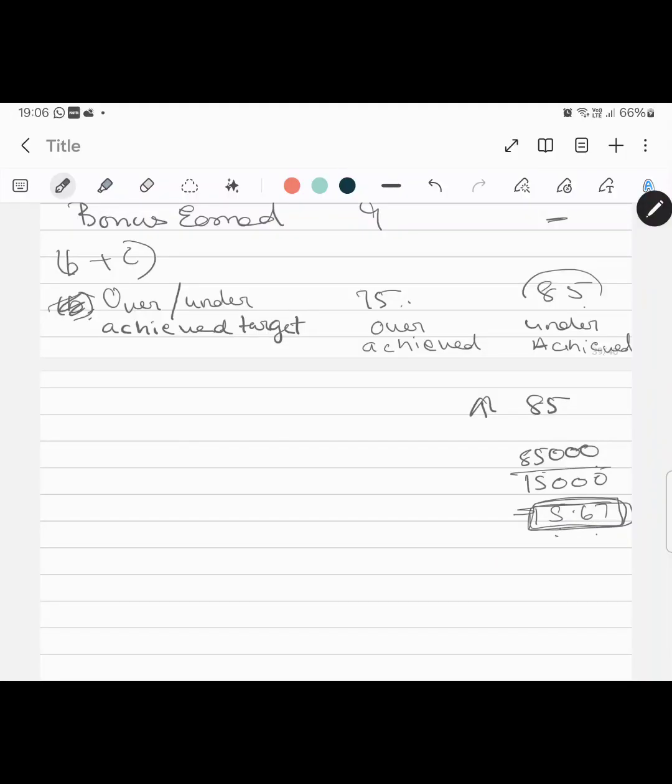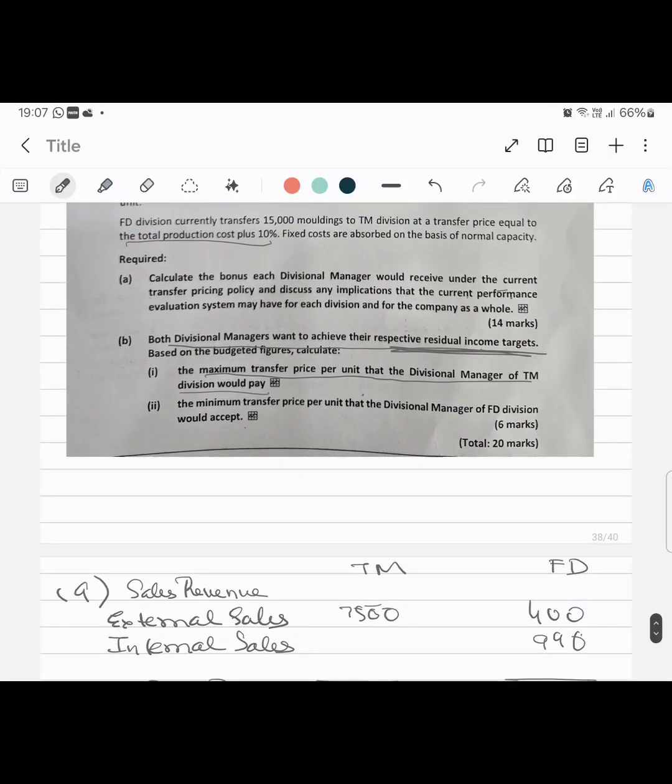So the transfer price is 66 plus 5.67. That is the transfer price which FD should have charged to TM, right? So I have done the second part.